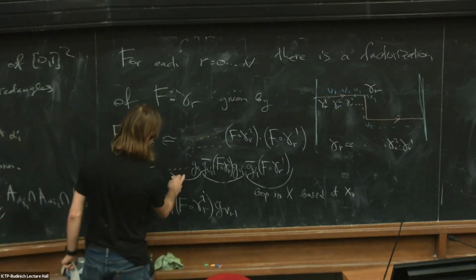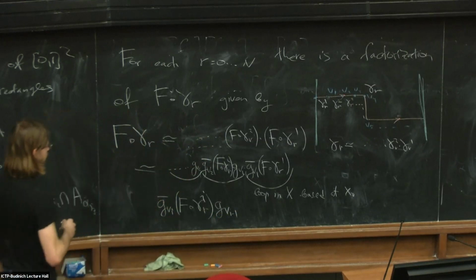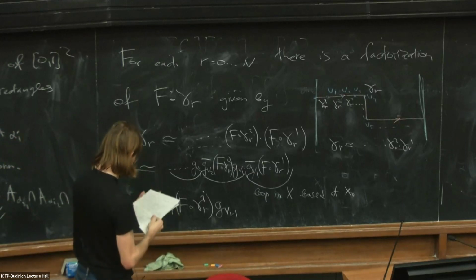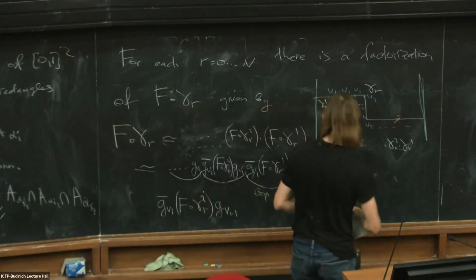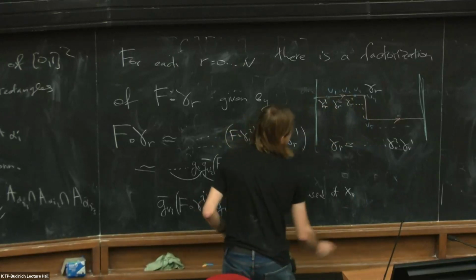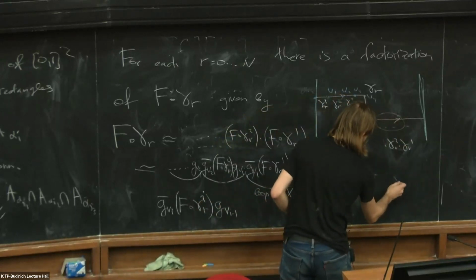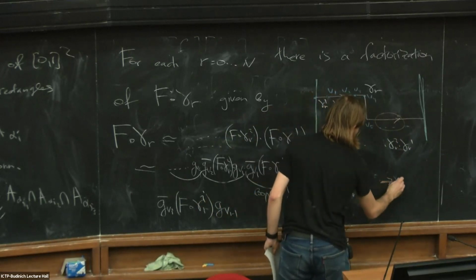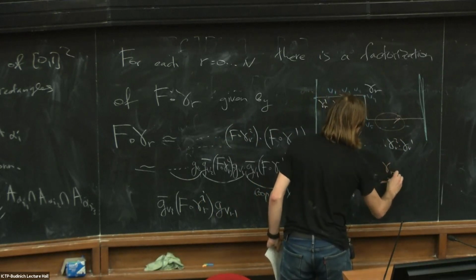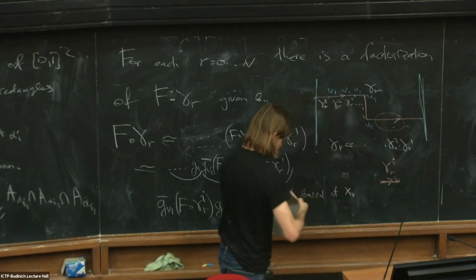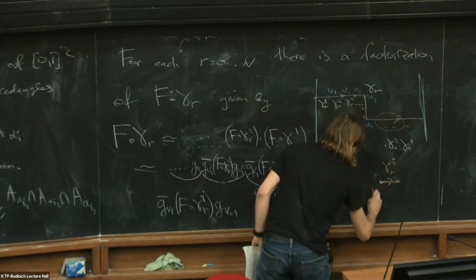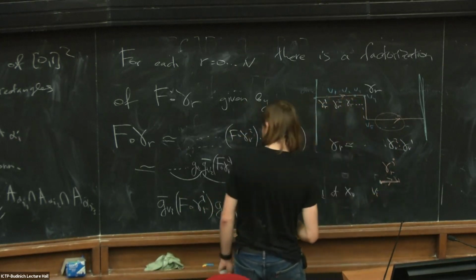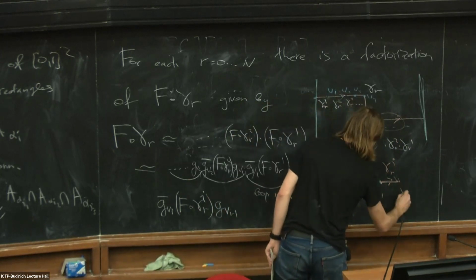This is what you have at the i-th place in this composition. This is what happens somewhere here. You have a small piece of gamma, which is gamma R I, going from the vertex V I minus 1 to the vertex VI.